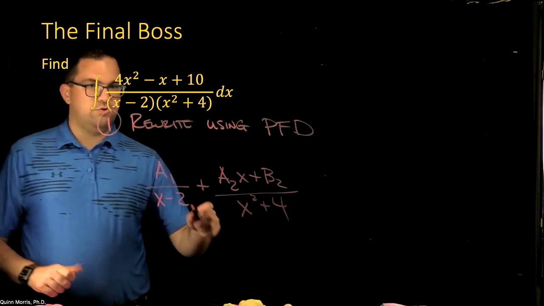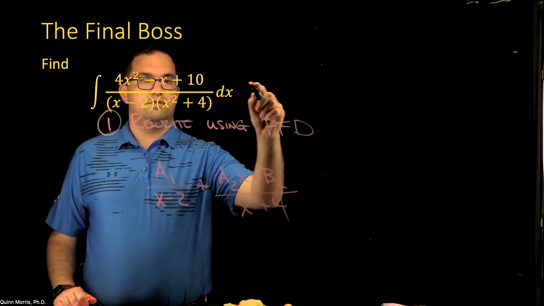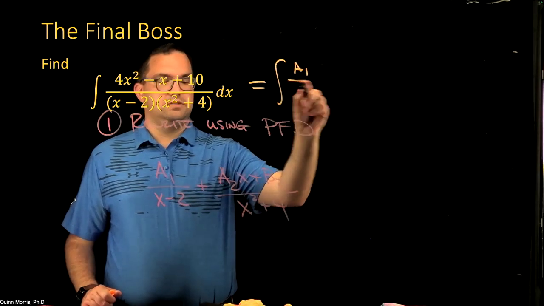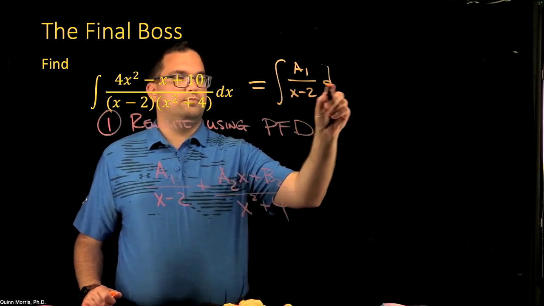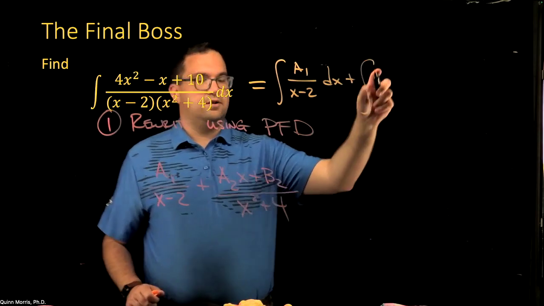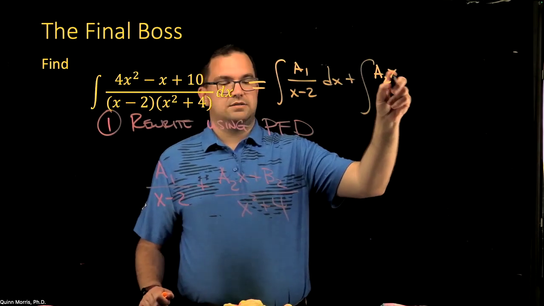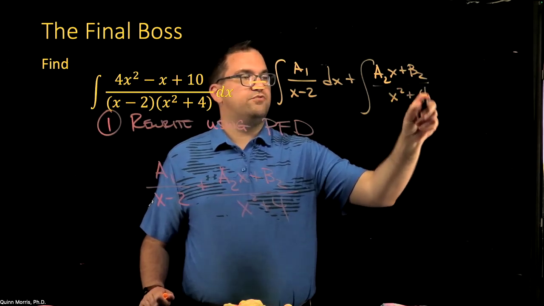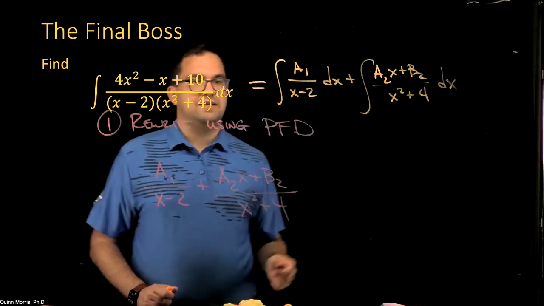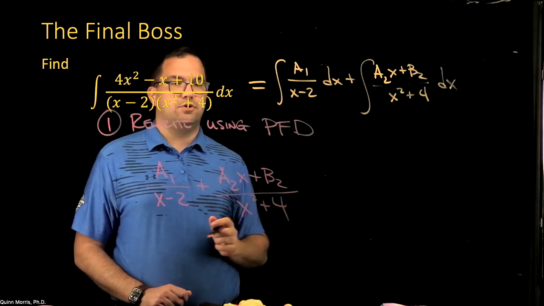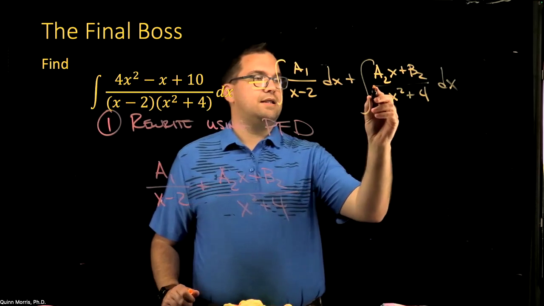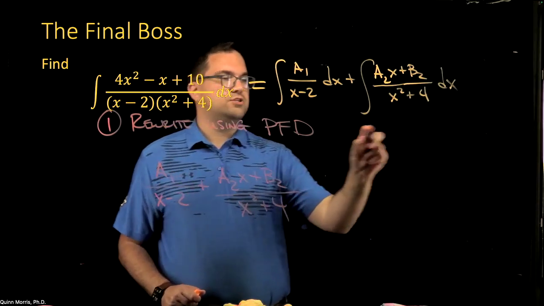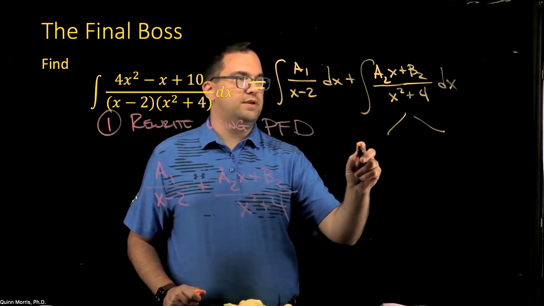But once you have that, you'll then be able to break this integral apart so that it is the integral of some constant over x minus 2 plus the integral of a2x plus b2 divided by x squared plus 4. This first integral you should be able to compute directly. This second integral, we're actually going to break apart further into two pieces.